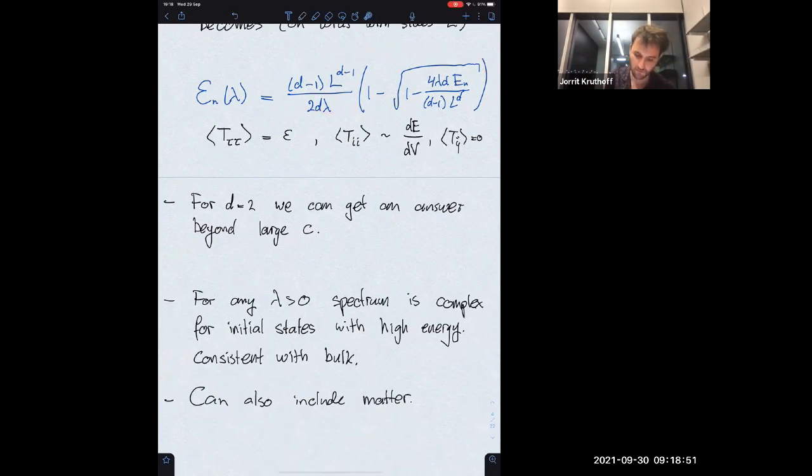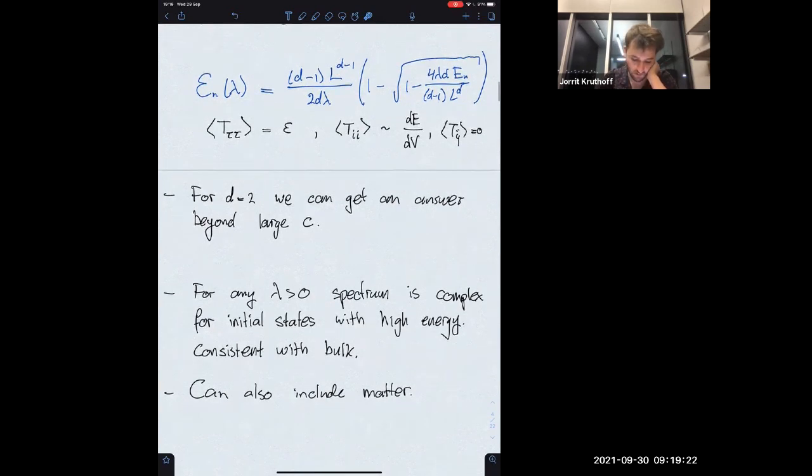Because of this minus sign here and lambda being positive, this will go complex when lambda is non-zero and the spectrum goes all the way to infinity. That's maybe a weird thing, and often the reason why this sign is not discussed, but it's consistent with the bulk.